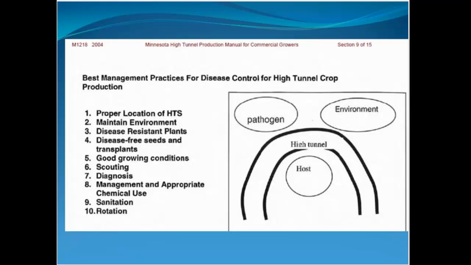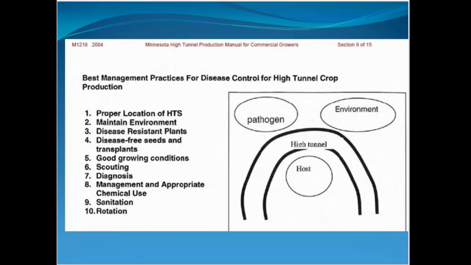By having a warmer high tunnel, we can do a better job of controlling humidity within the greenhouse. It also makes the plants we are growing in there more vigorous, and vigorous plant material tends to be less impacted by disease than plant material that is struggling. So that's one aspect of proper location of your high tunnel: orientation.